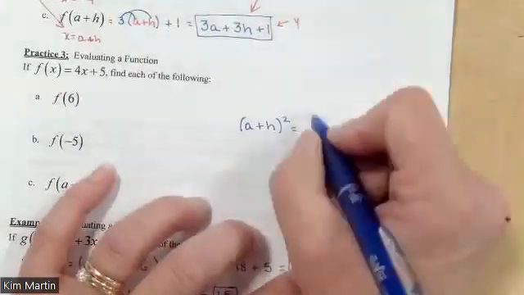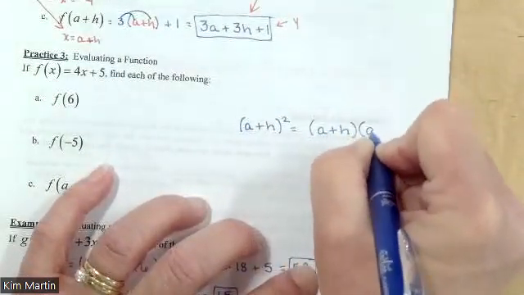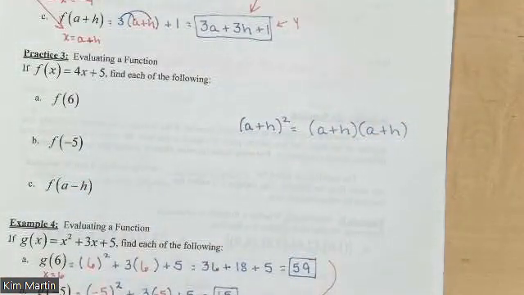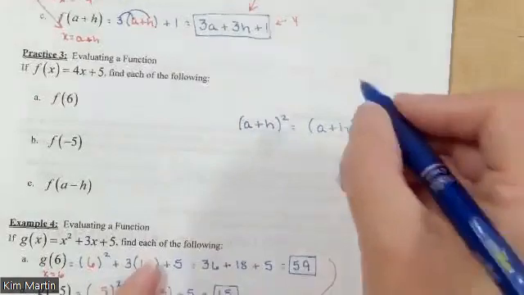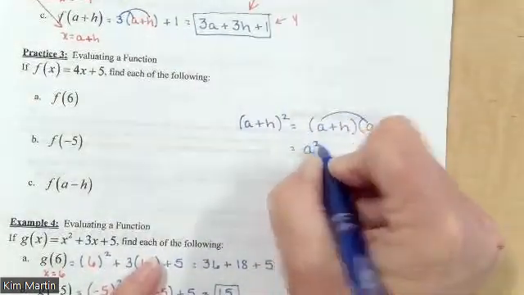What would you do if I wrote it like this? That's what that means, right? Now, some of you look at that and go, I don't know what to do. There's your problem. You're in trouble. What do we use? A times A is A squared.